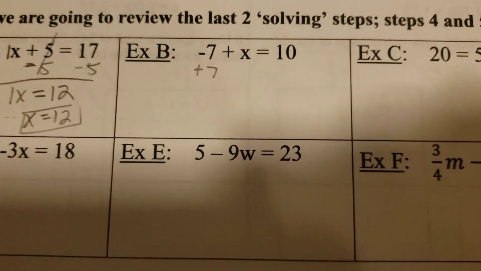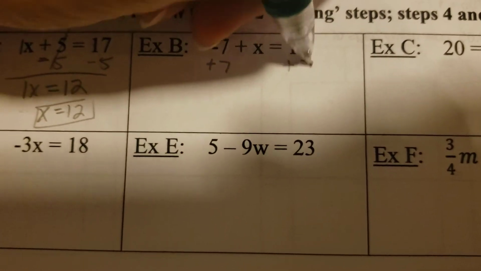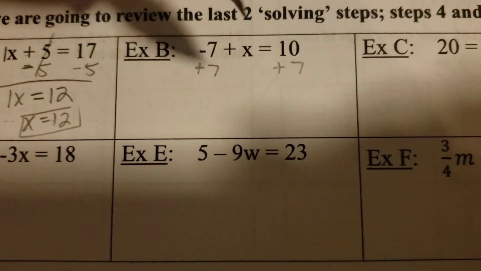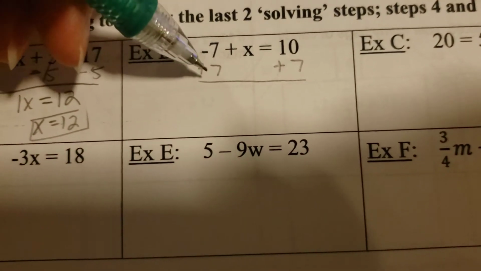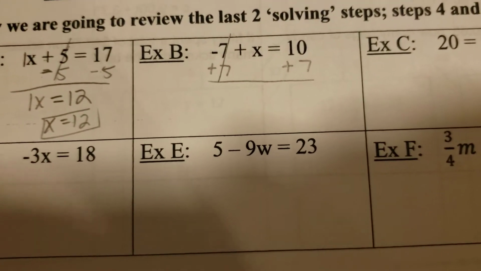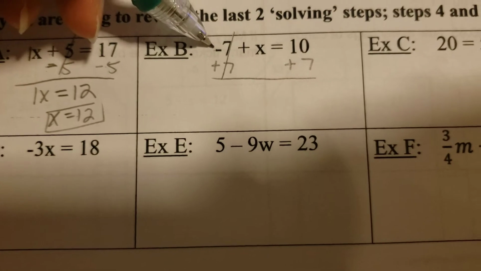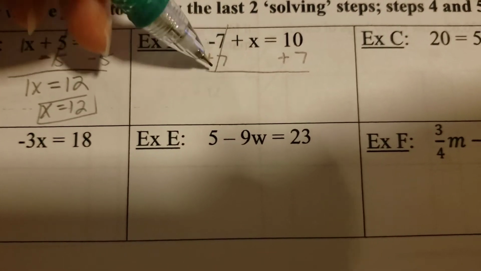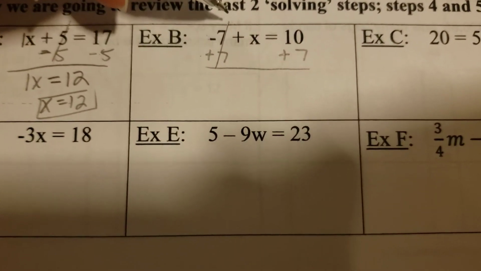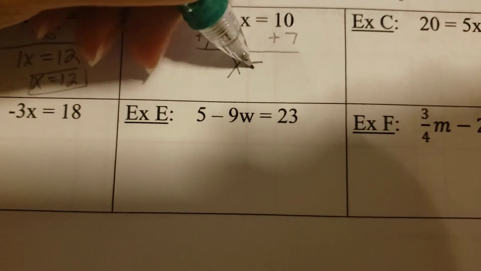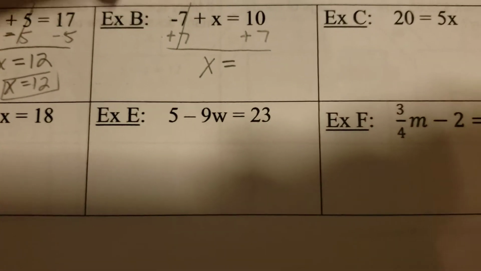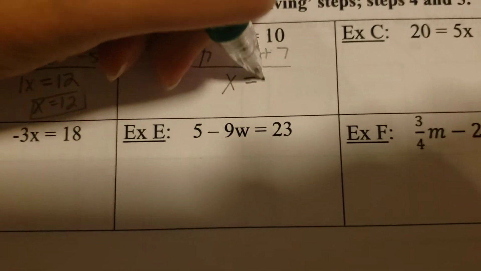So if we do +7 on this side, we got to do +7 on the other side. I'm sorry for my shaky camera work here, but I'm trying. So now the -7 and the +7, those cancel, they make 0, so this is like 0, but we don't write it. And all we have left over there is x. And then we have 10 plus 7, so that would be 17.